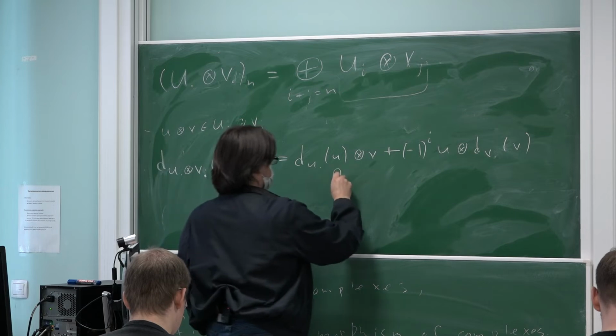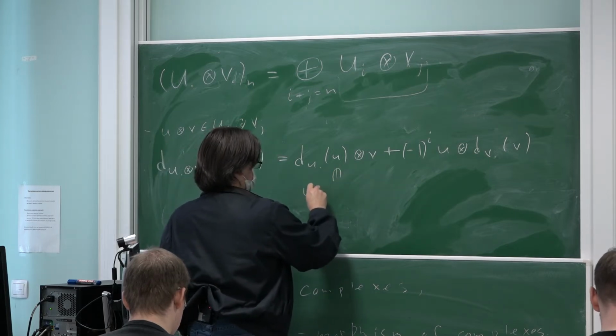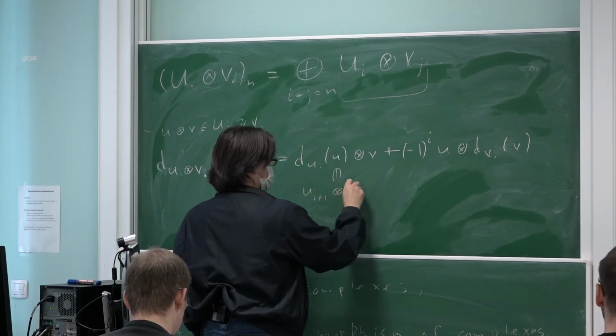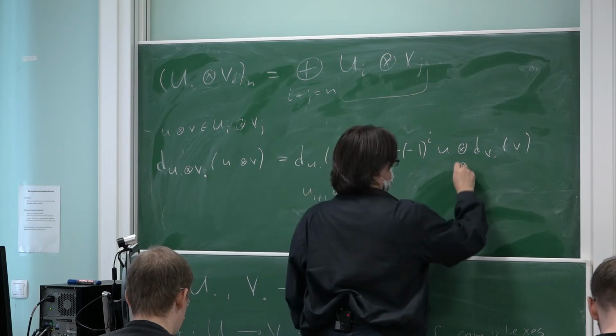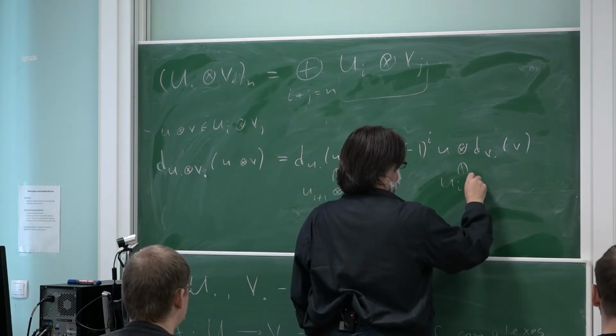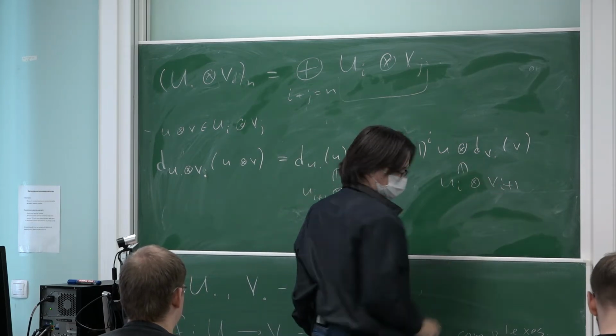So this guy lies in U_{i+1} tensor V_j, and this guy lies in U_i tensor V_{j+1}.